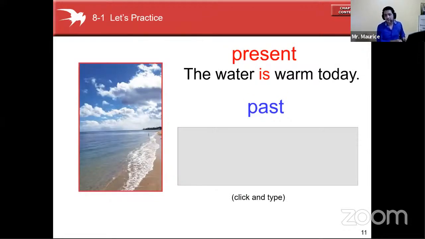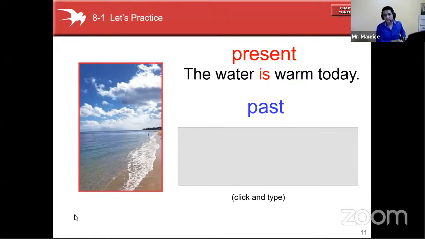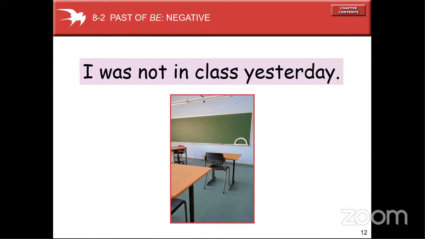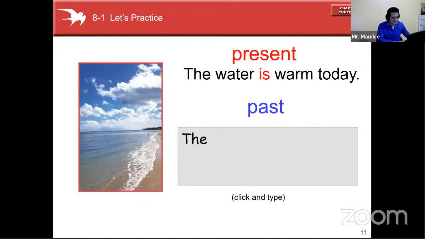Now, take a look. The water is warm today. What might be the past of this sentence? The water was warm yesterday. Okay, let's check it out. Oh, I got a mistake in my PowerPoint presentation. Okay, that's correct.